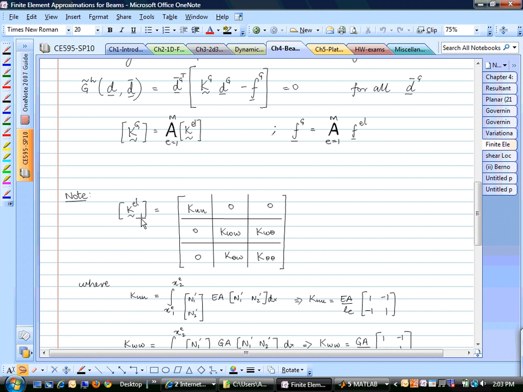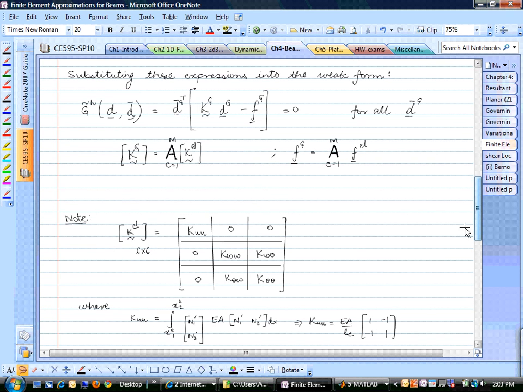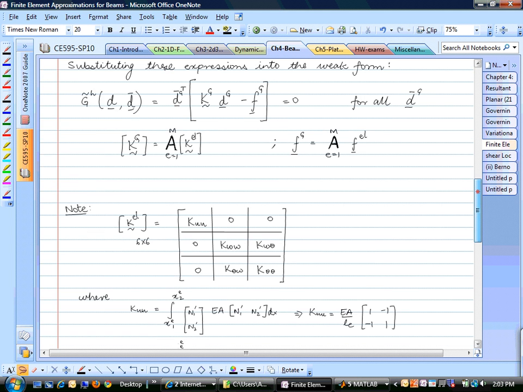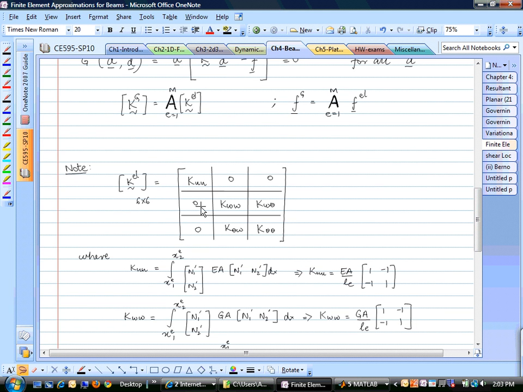When you write this out, you will see that your element stiffness matrix will turn out to be a 6 cross 6 matrix, and those are the 6 degrees of freedom. Each one of those submatrices is going to be a 2 cross 2. That's how you will construct this element stiffness matrix for a beam element. So the KUU is coming from the axial term, and you can see that it is not even coupled to the bending and transverse.